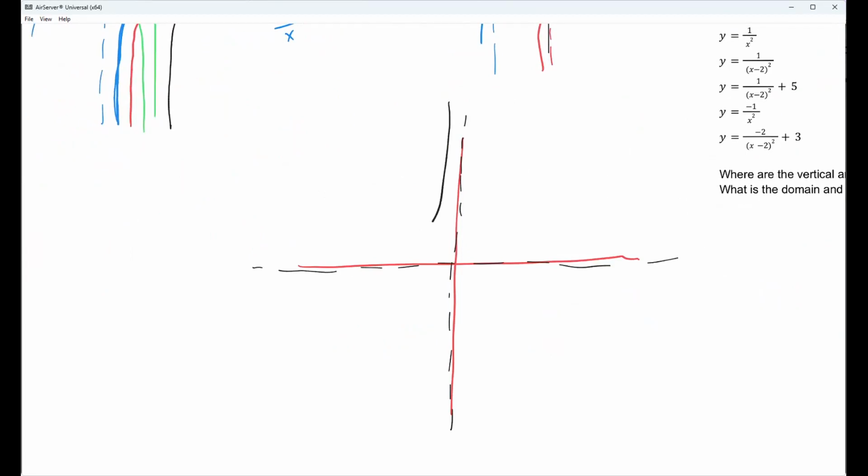This is the 1 over x squared graph. You guys see that? This is y equals 1 over x squared. What's the 1 over x minus 2 squared going to do? It's going to move it over 2 to the right.